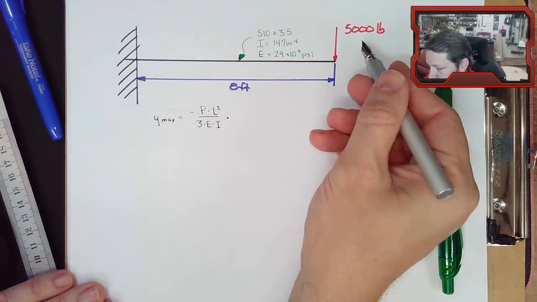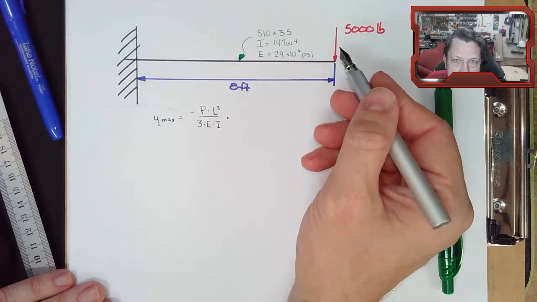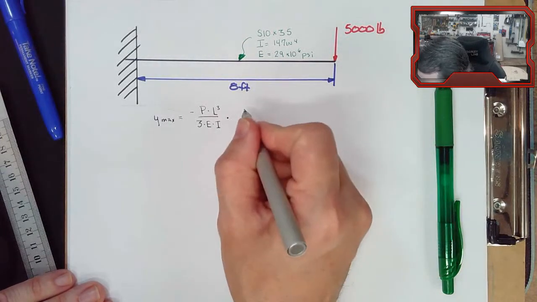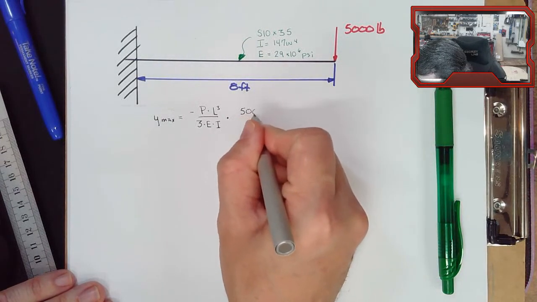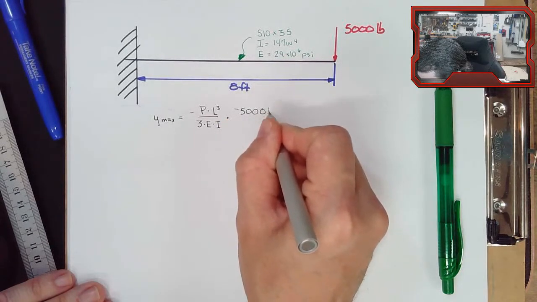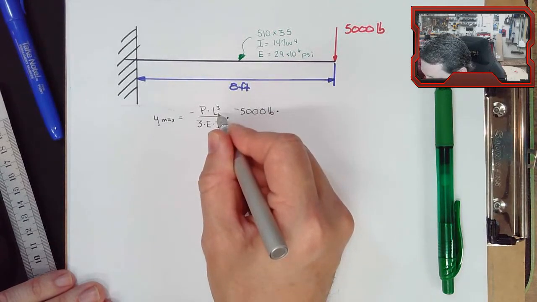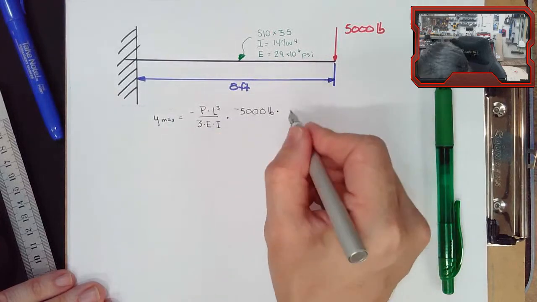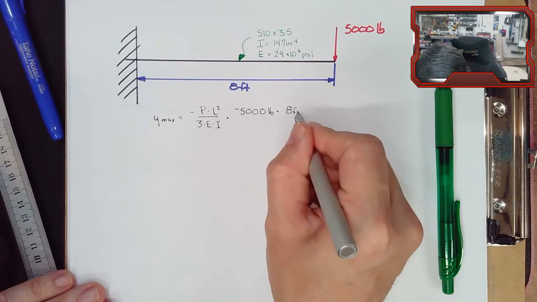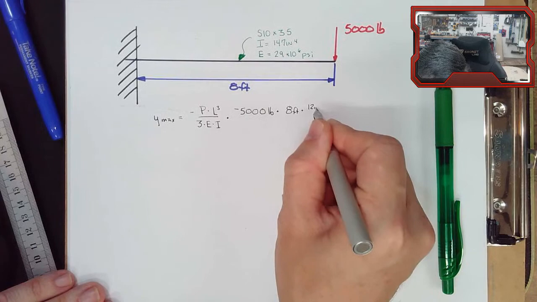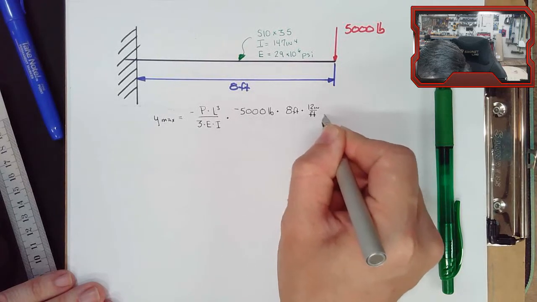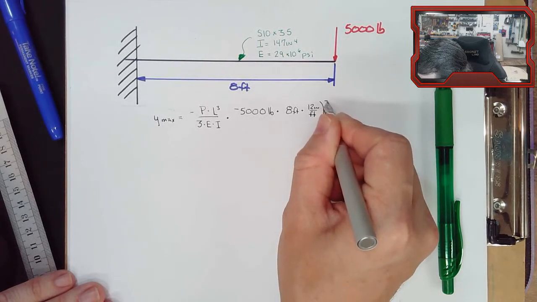So P is from our reference diagram. It said P was 5,000 pounds. There is a negative sign on the equation. L is 8 feet. I'm going to convert those over to inches and cube it.